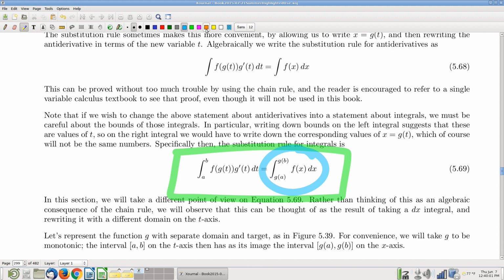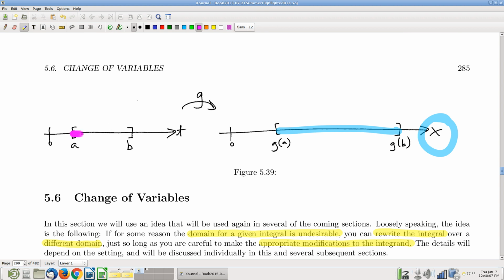Whereas this integral over here on the t-axis from a to b is an integral defined on the original interval. So the substitution rule, you can think of that as, well, look, we're literally taking an integral on the t-axis, we're looking at its image over on the x-axis, and we're relating an integral that happens there and an integral that happens there. We have a domain and the image of that domain, right? We're having integrals defined on both of those intervals.